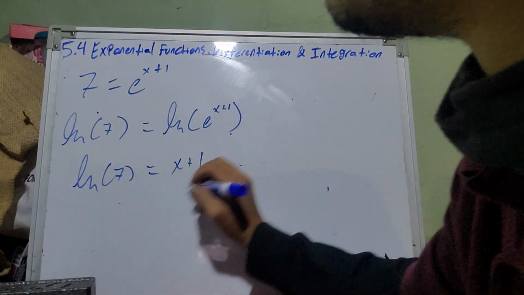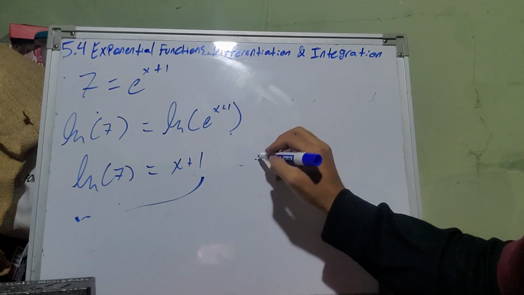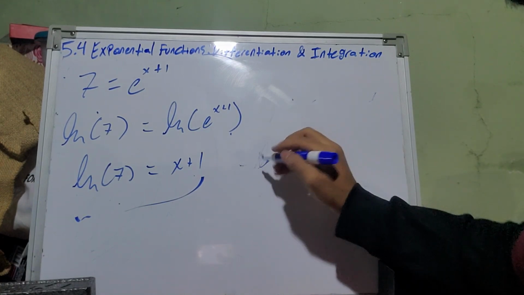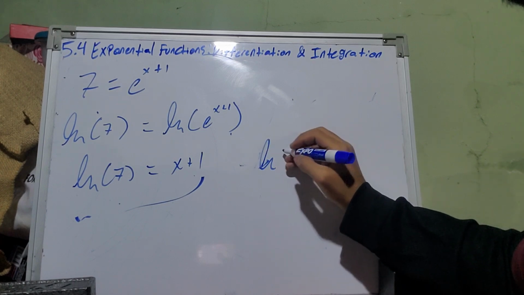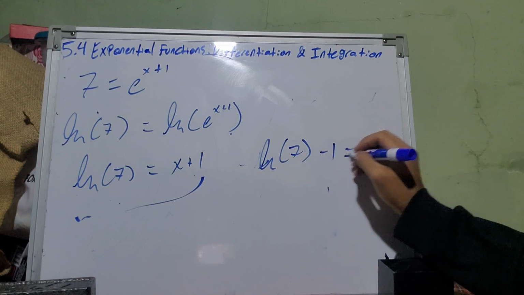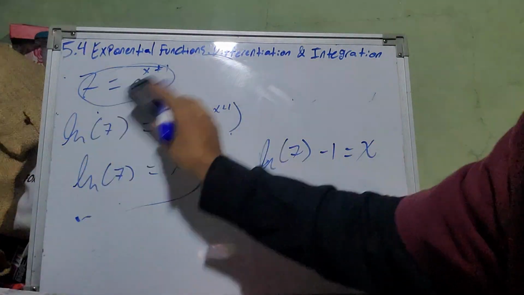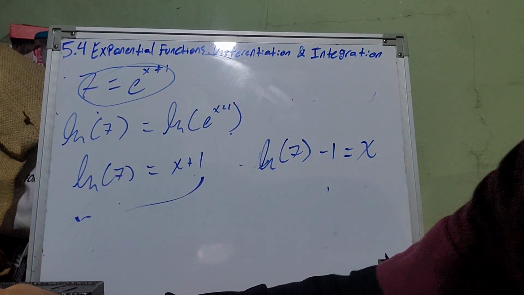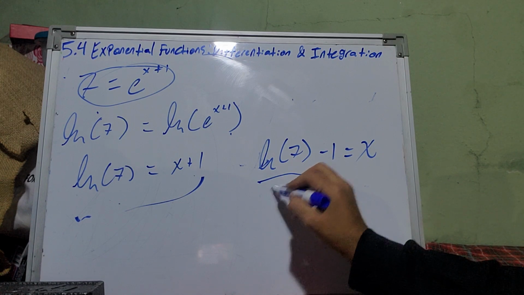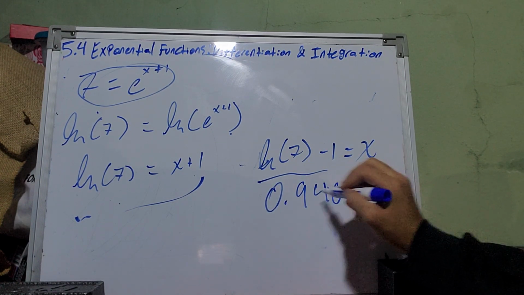We can then move the 1 to the other side, simplifying it into ln of 7 minus 1 is equal to x. This is how we'd solve for something along these lines. You can simply plug this into the calculator and it will present us with a value of approximately 0.946.